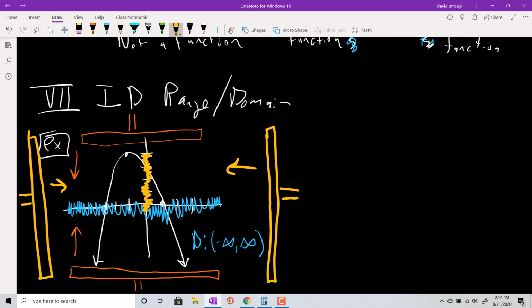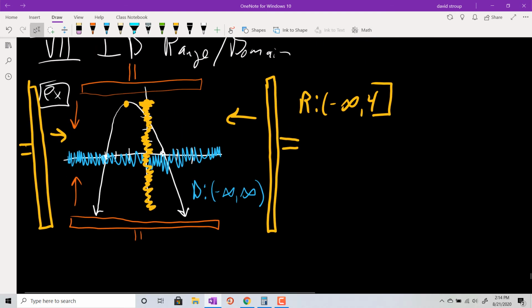Where would the guts sort of be? It would be all this stuff, all the way up to 4, and including 4. So that's a closed dot, including 4. So the range in this case would be -infinity to 4, including 4.